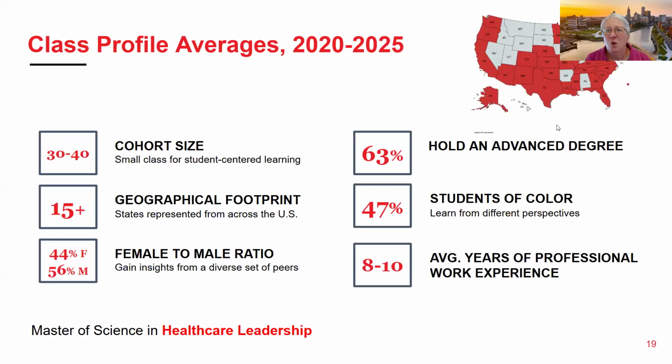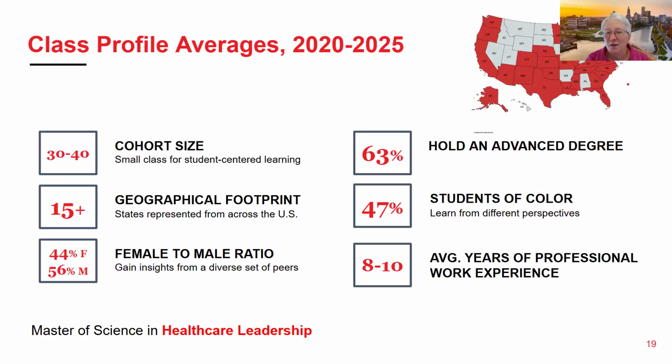So let's hear a little bit more about the classes. The map up here gives you a sense of the geographic diversity across the United States. We are also seeing increasing number of international students join the cohort. So we have had folks from Japan, from Turkey, from several countries in Africa, from Bahrain, Saudi Arabia.